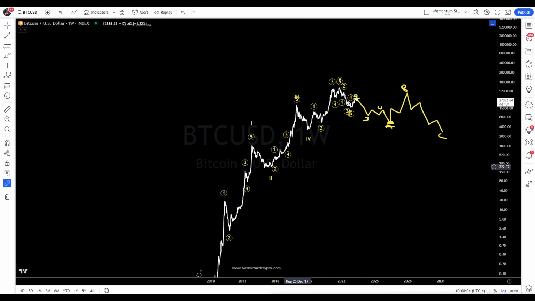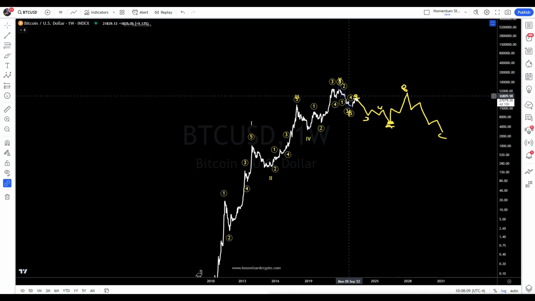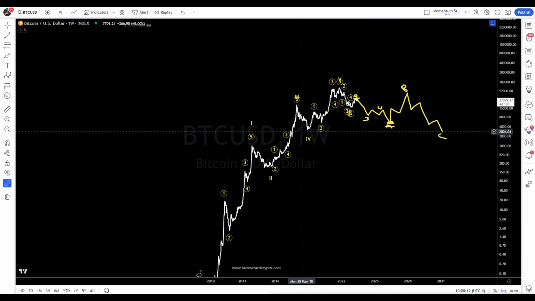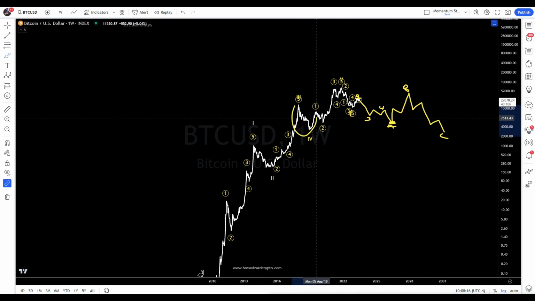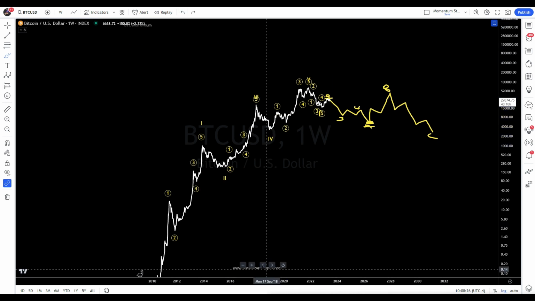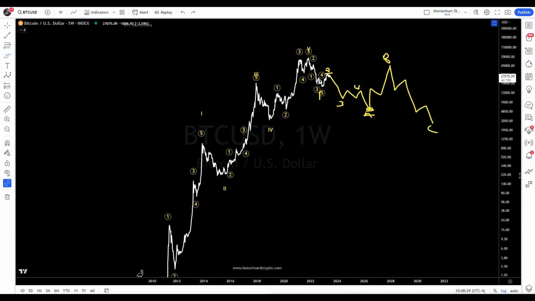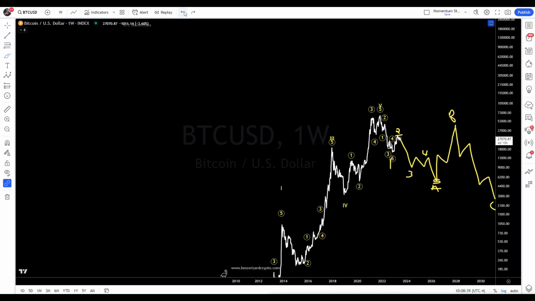If this count is accurate, which is by guideline: when an impulse is complete, the target is at the end or slightly past wave 4 of the next degree, which would be here. So we're talking about some pretty wild swings if this count is correct. That's now worst case for the bulls and best case for the bears.